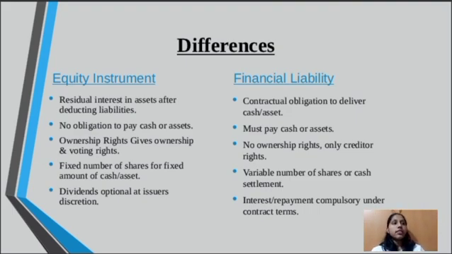The next difference is dividends versus interest payment. In an equity instrument, dividends are optional and depend on the company's profits and management decisions. Next is the financial liability. Here the repayment is compulsory as per the contract terms and conditions, and must be paid regardless of profits. So this covers the first five differences.